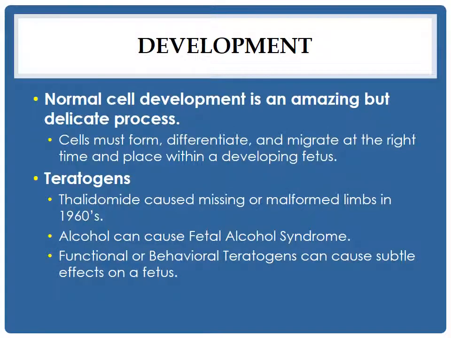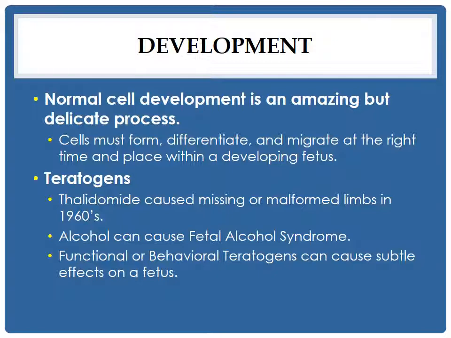The developing nervous system in a fetus is very susceptible to disruption. It's very delicate, we'll say. So if you can imagine normal cell development, it takes very specific signaling at specific times and in specific places for cells to form, for cells to be differentiated.